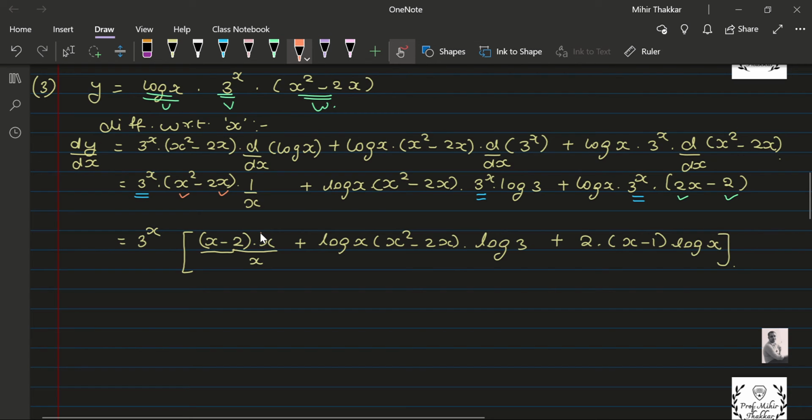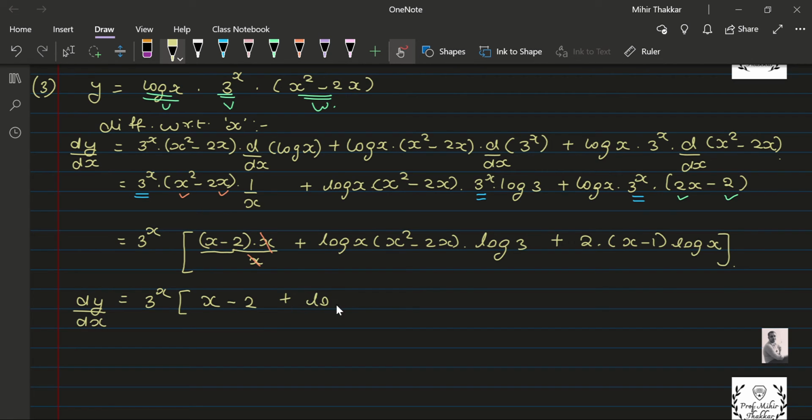We can cancel off the x values over here, and hence our final answer dy by dx is 3 raised to x, and in the bracket x minus 2 plus log x into x square minus 2x into log 3 plus log x.